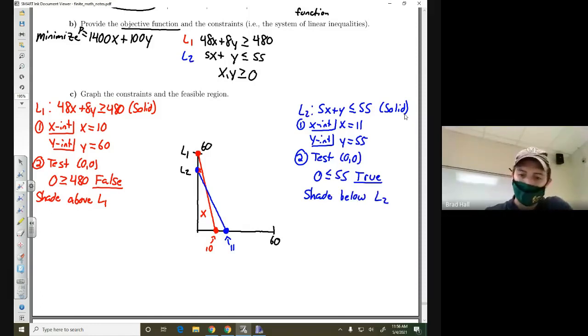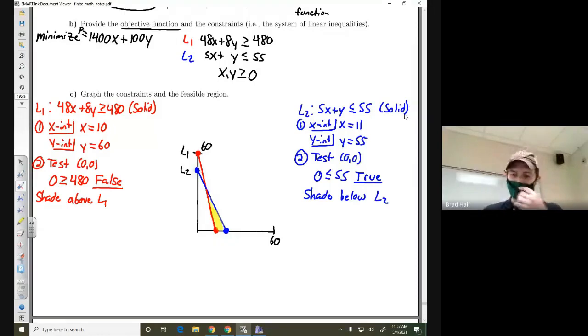So we don't shade above L2. And so that means we shade this region right down here. So we shade that region.